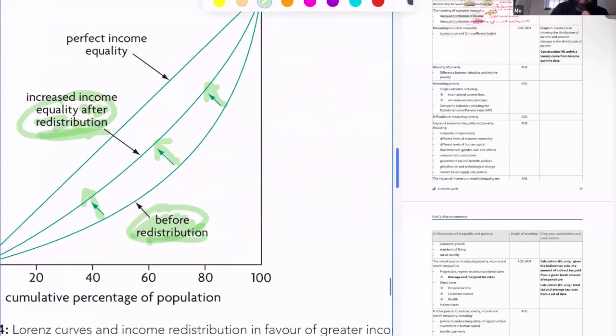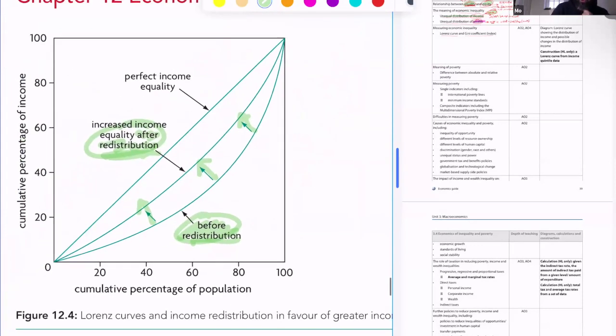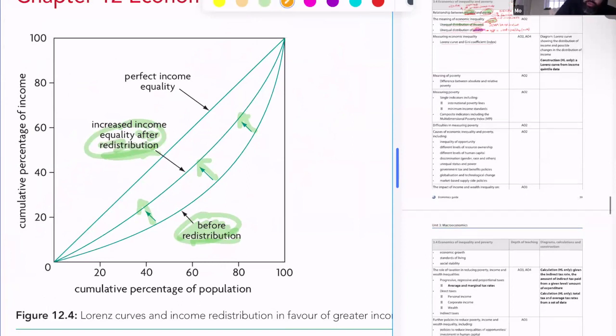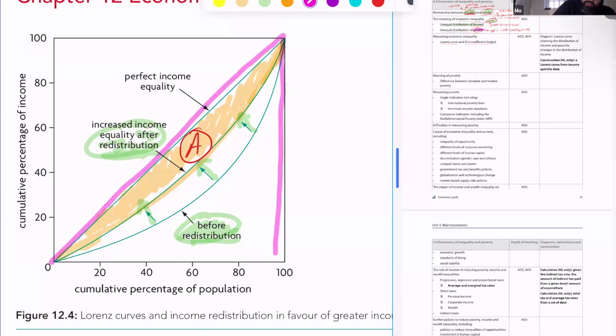Now, from the Lorenz curve, we derive the Gini coefficient. Let's assume we're trying to measure the Gini coefficient for the orange Lorenz curve. Basically, it's the area between the Lorenz curve and the line of absolute equality. We'll call this area A, divided by the total area under the line of absolute equality.